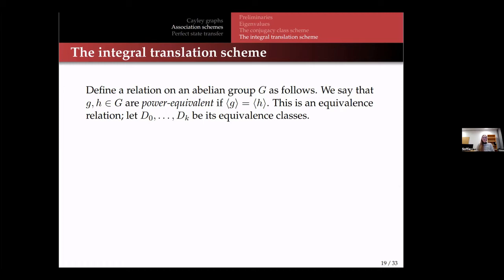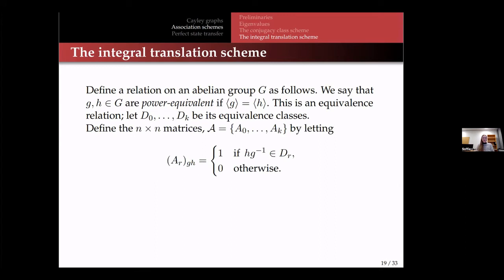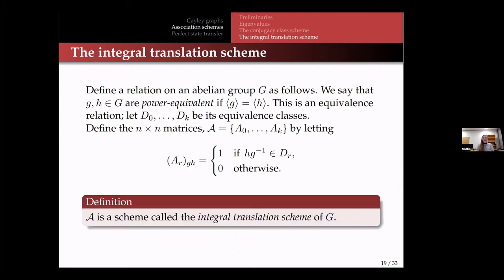This is an equivalence relation on our group, and we let D0 to DK be the equivalence classes. We're going to call them power classes. And now, quite similarly as before, we define these matrices A0 to AK by letting the GH entry of AR be 1 if HG inverse is an element of this power class DR, and 0 otherwise. And this is indeed a scheme, and we call it the integral translation scheme.